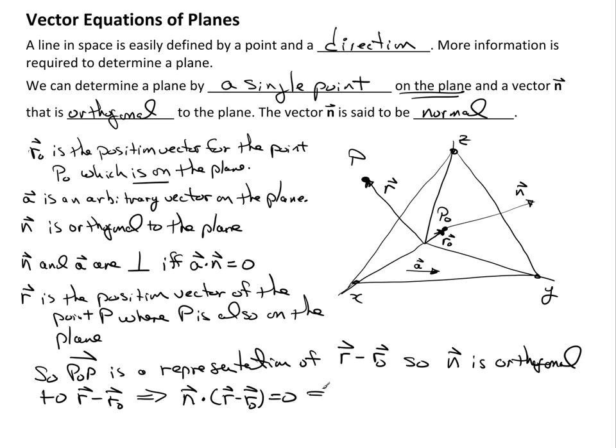That would then imply that n dot r minus n dot r naught is equal to 0, which should obviously further imply that n dot r must be equal to n dot r naught.